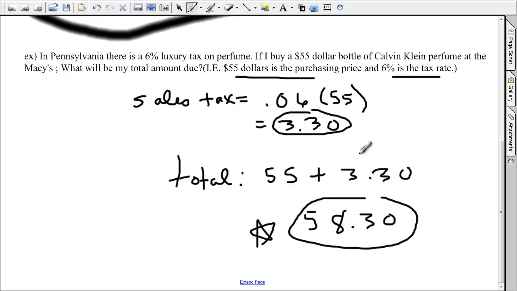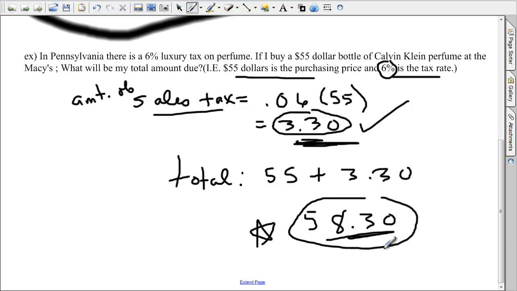But this is nice because it gives us a feel for computing the sales tax on a particular item. The trick is to take whatever percent it is, convert it to a decimal, multiply it by the purchase price, and you'll get the amount of sales tax. So the sales tax is $3.30 for that problem, and $58.30 is the total amount due.